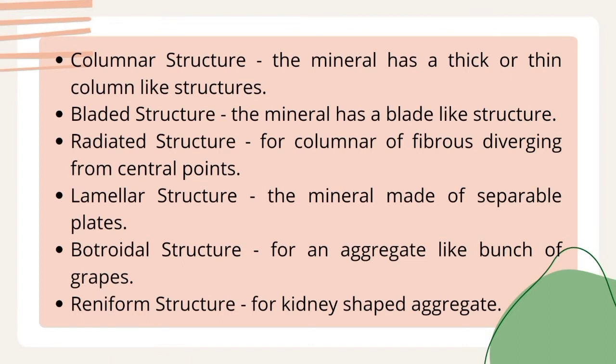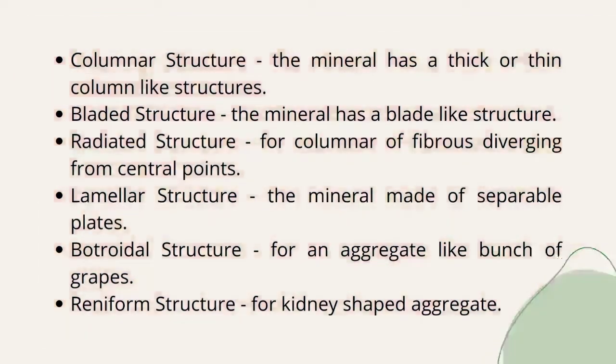In the bladed structure, the mineral has a blade-like structure. Radiated structure, columnar or fibrous diverging from central points. Lamellar structure, the mineral is made of separable plates. Botryoidal structure, an aggregate like a bunch of grapes. Reniform structure, a kidney-shaped aggregate.